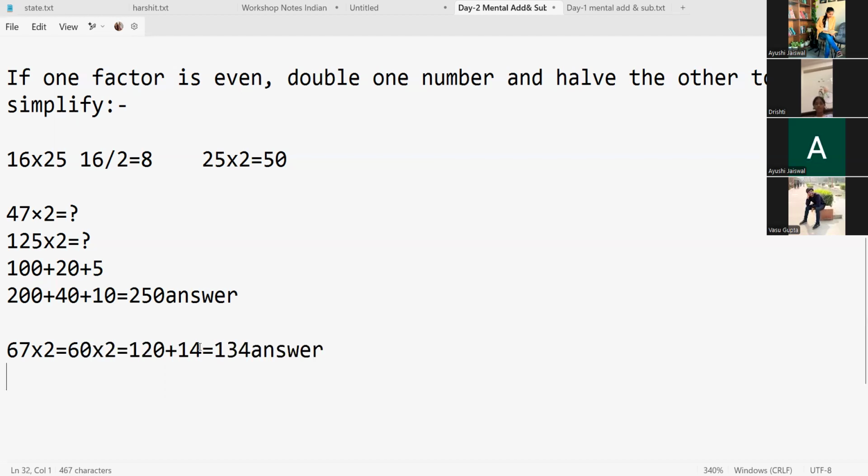Okay. Now I give you a 3 digit number. Just solve it in your notebook and give me the answer. Do it.